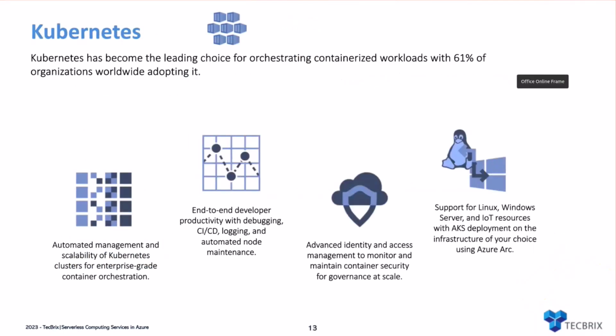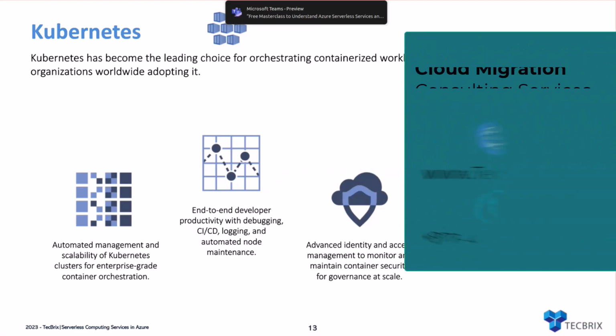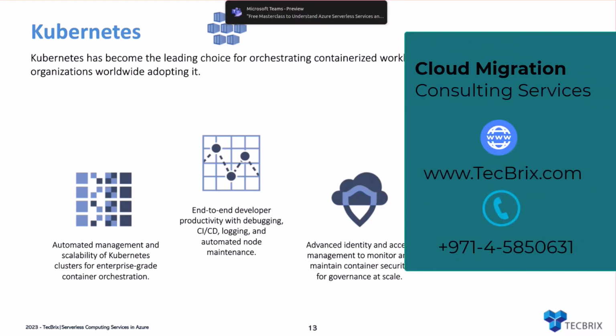So as we discussed, Azure Container Apps is also powered by Kubernetes. So we will have a brief look at what Kubernetes is. Kubernetes is a powerful container orchestration tool.